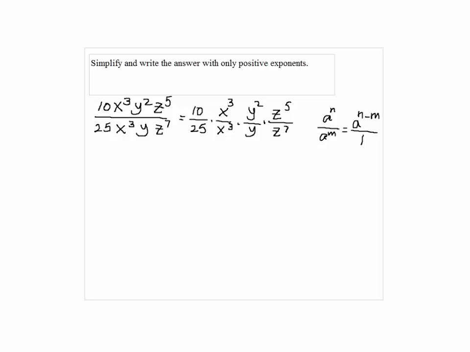So 10 over 25, both are a factor of 5, obviously. So we can write this as: divide 5 into 10, that would become 2. Divide 5 into 25, that gives you 5.